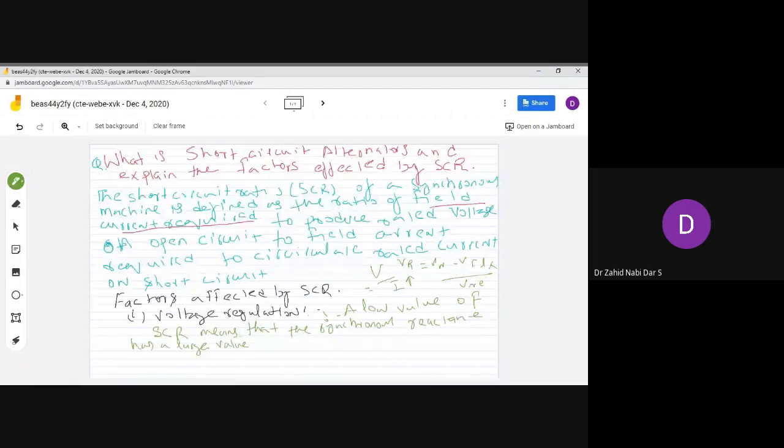Synchronous machine with low value of SCR thus has greater changes in voltage under load fluctuation.